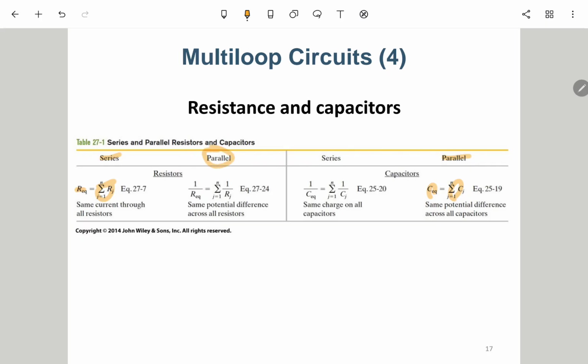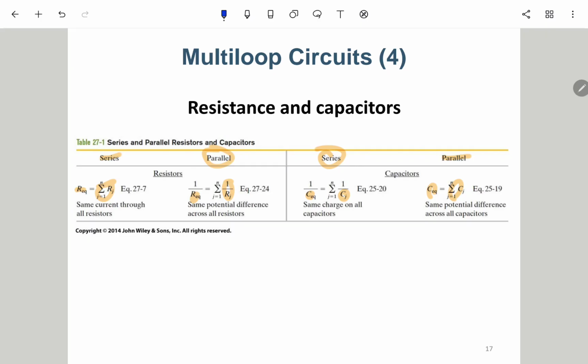For the parallel resistance, we take the reciprocal first, add up all the reciprocals, and then take the reciprocal again to get the equivalent parallel resistance. For the series capacitance, we take the reciprocal of the capacitances, add them together, and then take the reciprocal again to get the series capacitance.